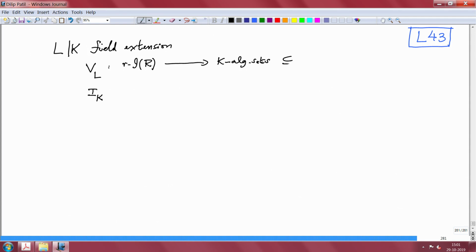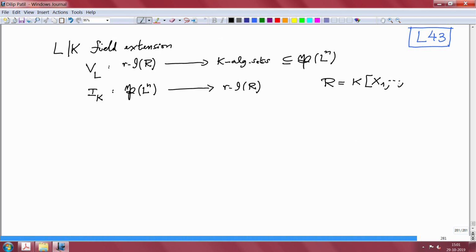This is a subset of the power set of L to the n, and then we have defined a map from the power set of L to the n to radical ideals in R, and R is our polynomial ring in n variables over the base field capital K.